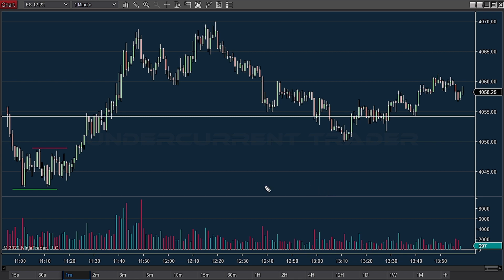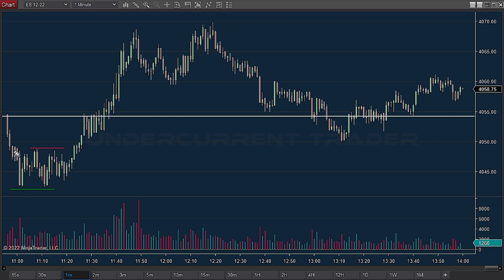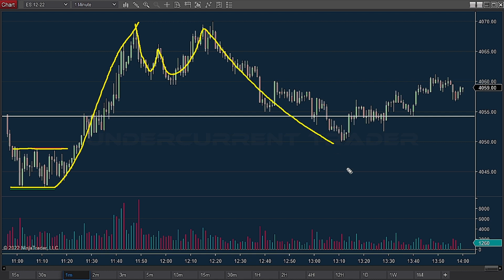All right, so starting with this section of the chart down here, we see the formation of this nice consolidation phase followed by a 30-point surge. After that, there is a period of fluctuation and a breakdown, as you can see in the chart, to the downside.